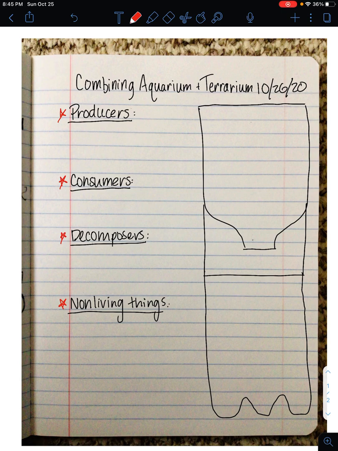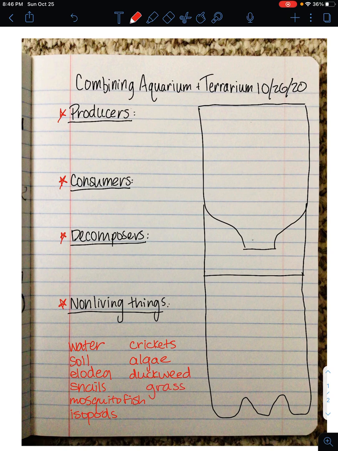The items that I would like you to place in these categories are water, soil, Elodea, snails, mosquito fish, isopods, crickets, algae, duckweed, grass, air, and leaf matter.